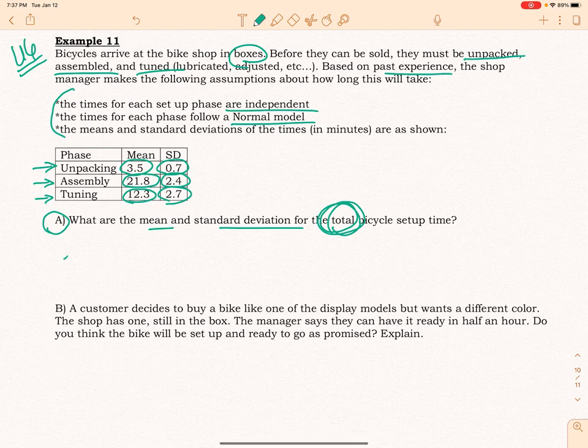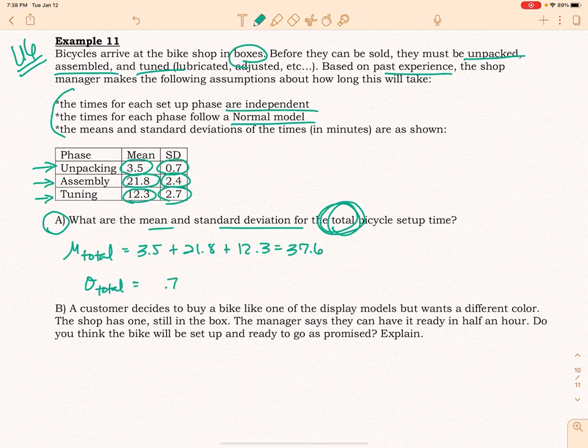The total average is 3.5 plus 21.8 plus 12.3. Addition is a beautiful thing. The standard deviation for the total, of course, we can't just add the standard deviations.